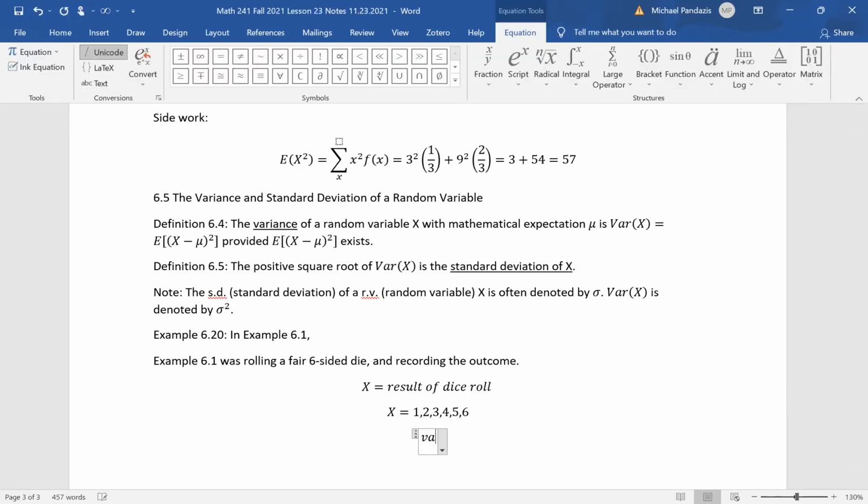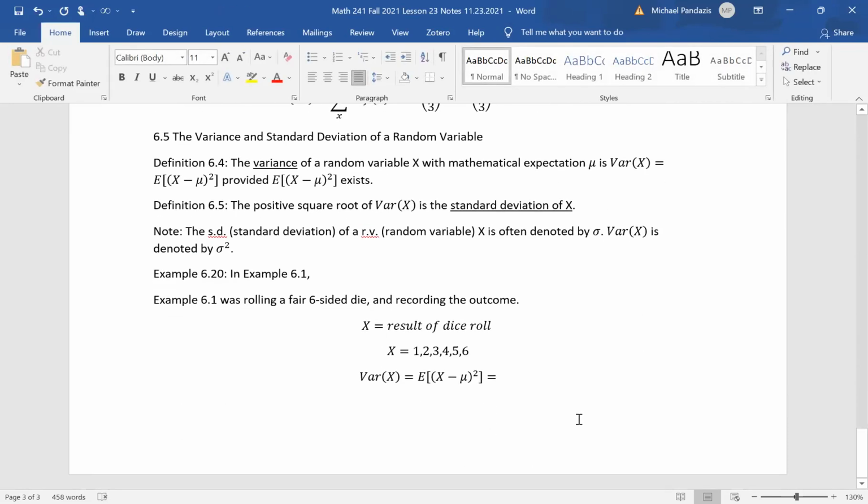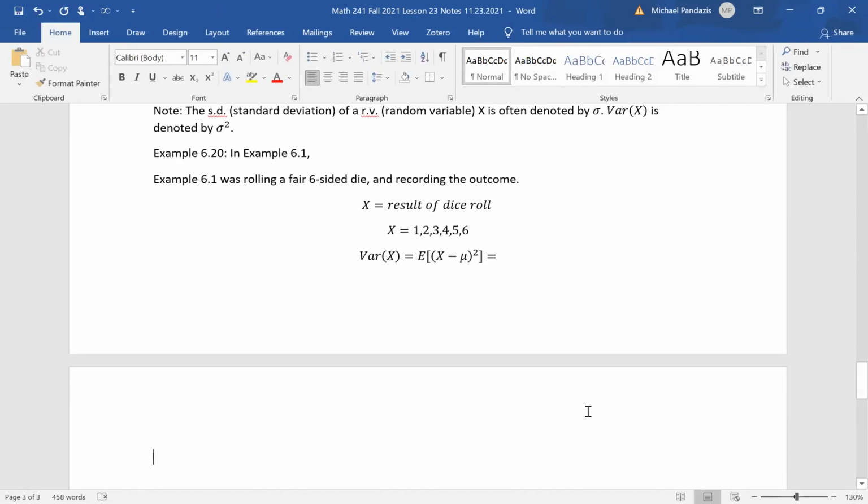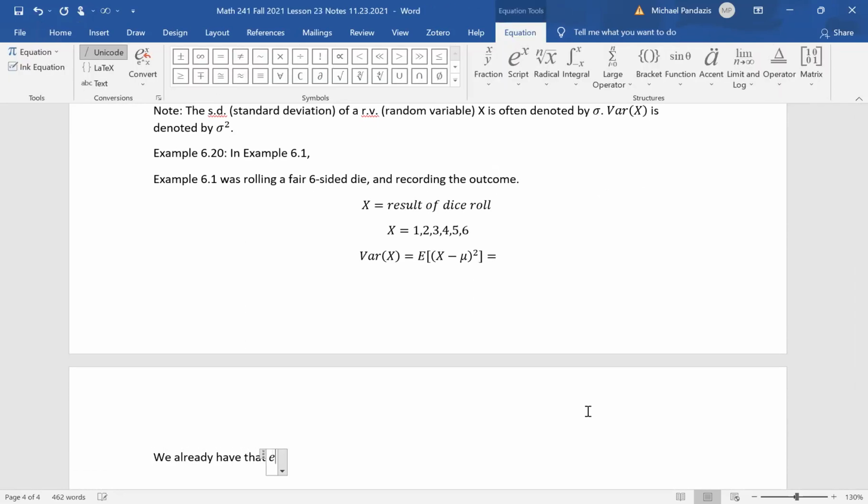If we want to find the variance of X, it's equal to the expected value of X minus mu squared. You already have that the expected value of X is equal to 3.5.